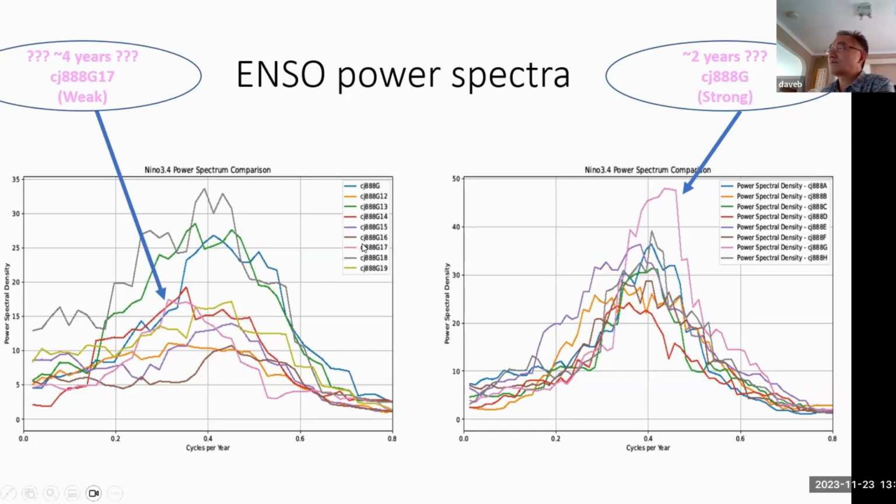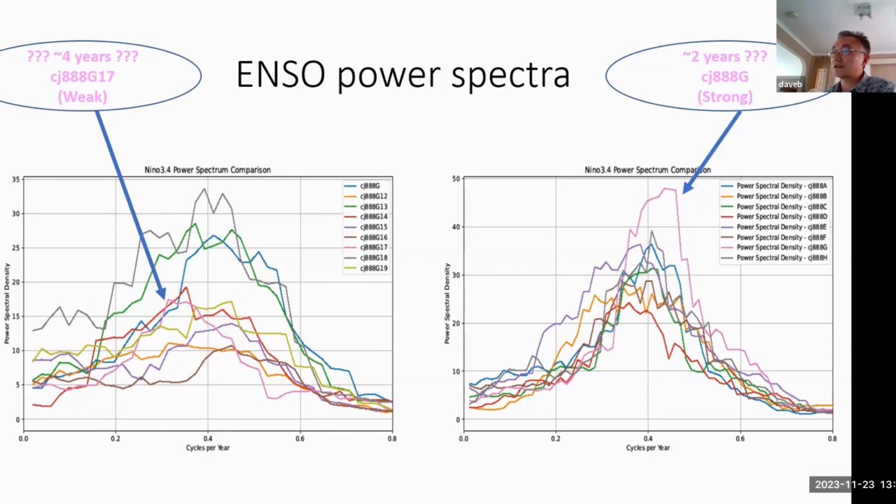Now we turn to the left panel here. There is an arrow pointing to the pink curve. This is kind of a power spectrum, and the axis is the frequency of the ENSO occurrence.